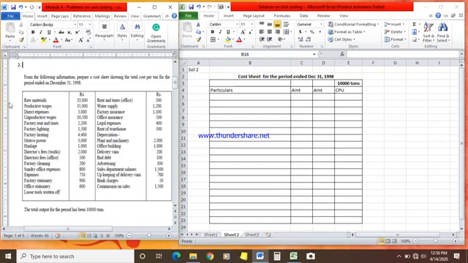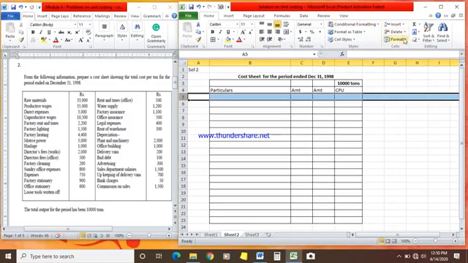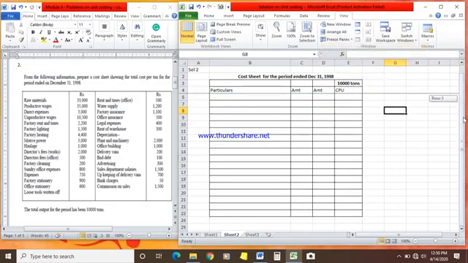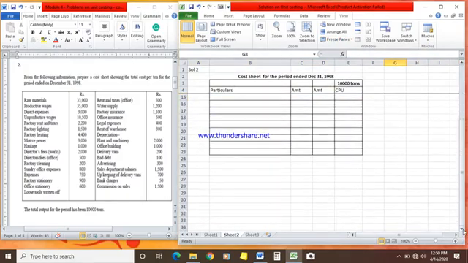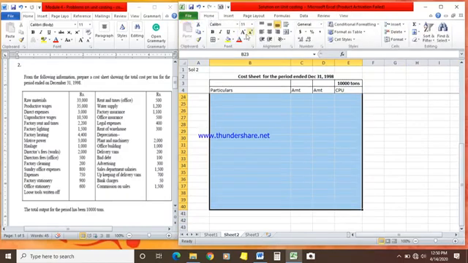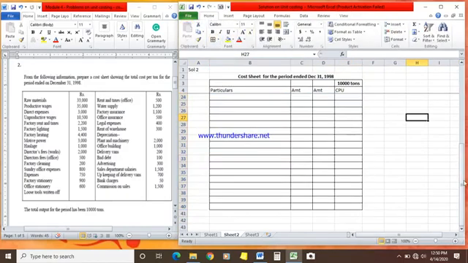So let's read the problem and understand where each of these items is going to be shown in the cost sheet. I have done the format in advance just to save time. Okay, so let's read the problem.